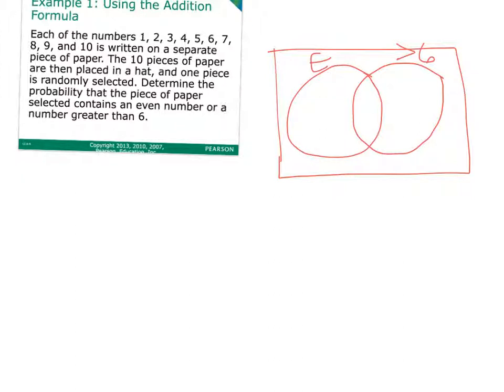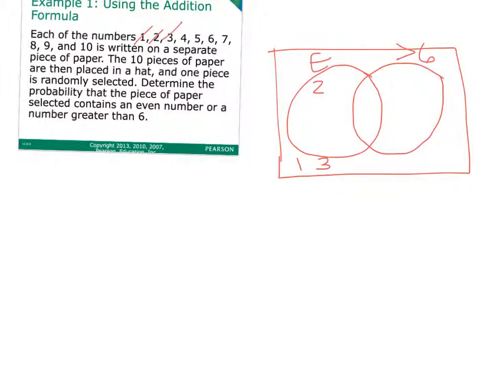Let's start with the number 1. Number 1 is not even. It is also not bigger than 6, so it goes outside. The number 2 is even, but is not bigger than 6. The number 3 is odd and not bigger than 6, so outside.